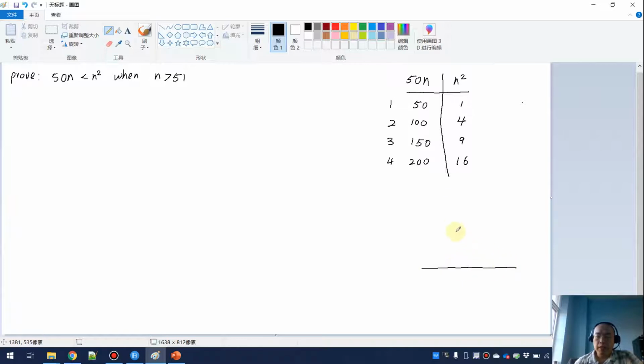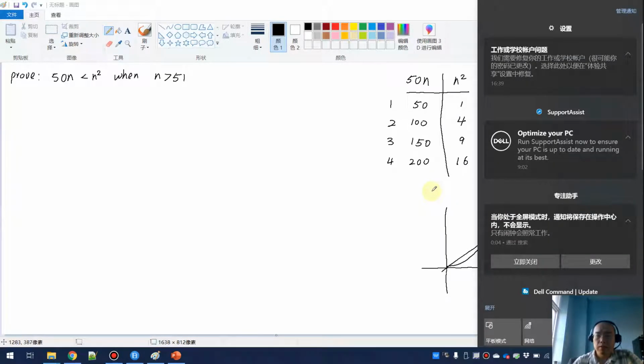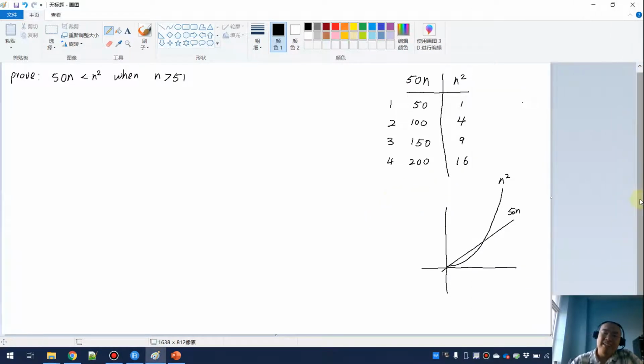Eventually, we are going to have a linear increase for 50n, and for n squared we are going to have a quadratic increase. Even though n squared started slow, eventually n squared will be faster. And when will this happen?